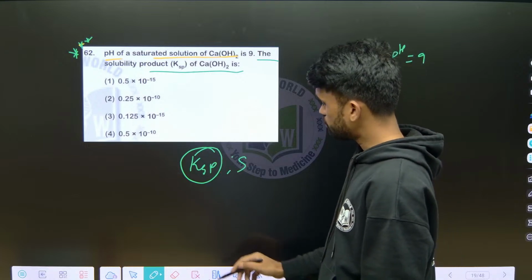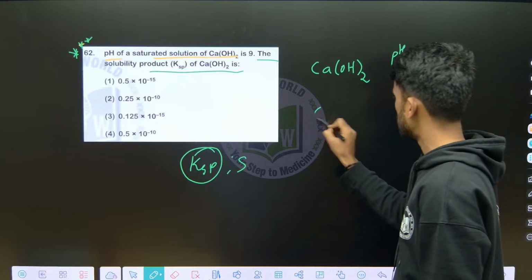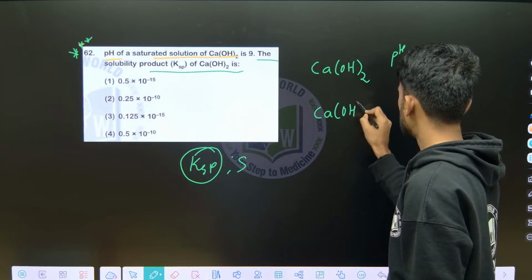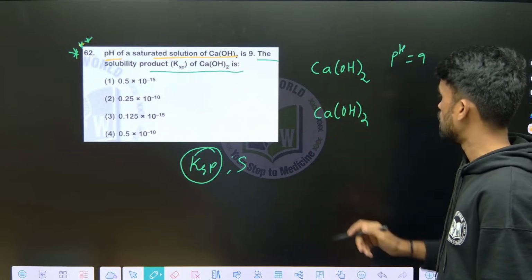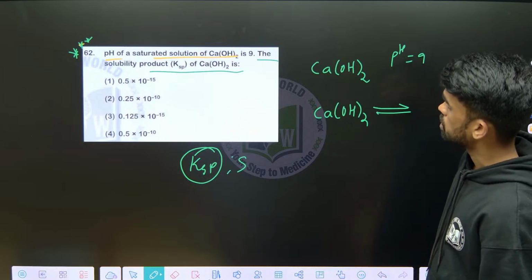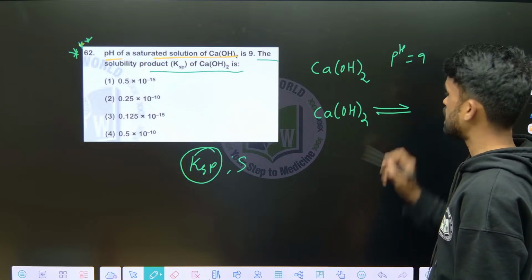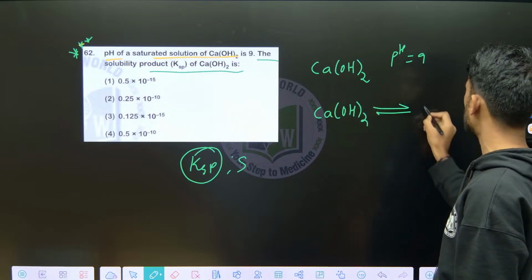Okay, now let us make it very clear. See, whenever we have Ca(OH)2, in the solution we know this is a basic compound, so it will dissociate like this. Saturated solution means there exists an equilibrium between dissociated ions and undissociated molecules like this.